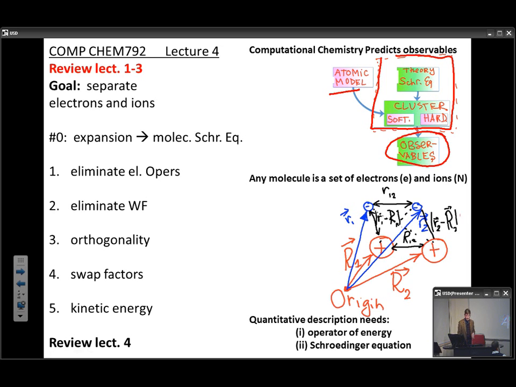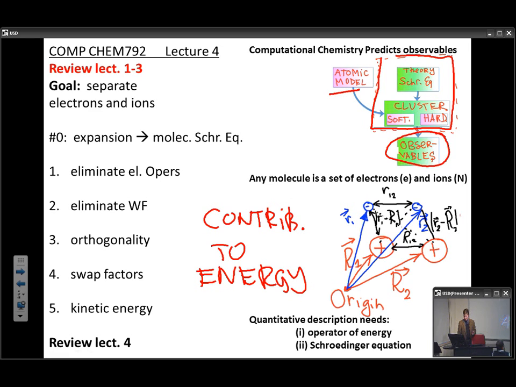And we started to build an account for all features of molecules, starting with positions of each ion, specifying charge, interatomic distances, and building contributions to energy. Contributions to the operator of energy that are needed for precise quantum treatment of a molecule.